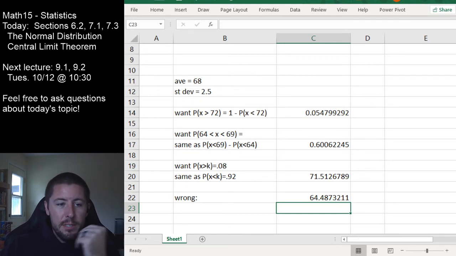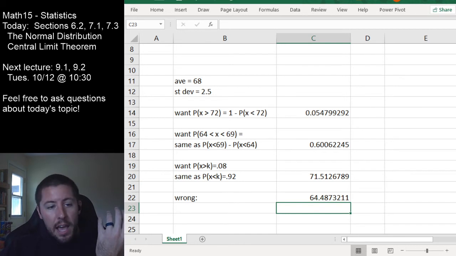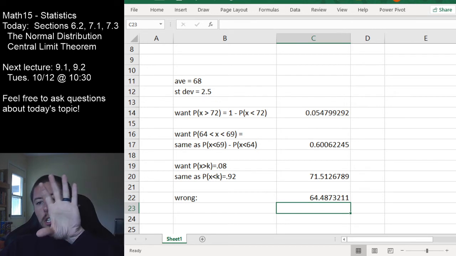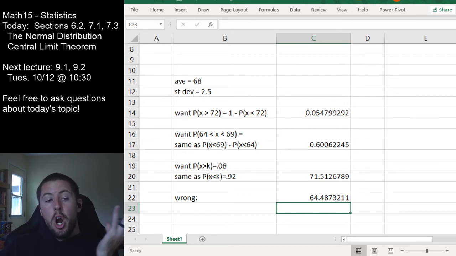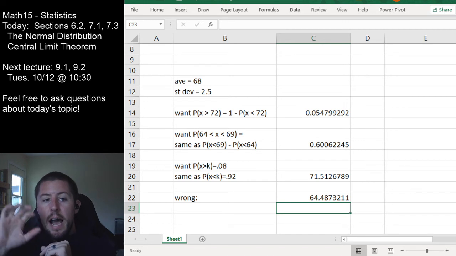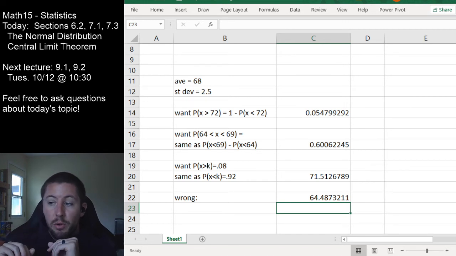Hopefully you're able to reason with yourself and say, that doesn't make any sense. Definitely more than 8% of adult males are taller than 5'4", so that can't quite be right. It looks like that is representing our boundary for our lower 8%, not our upper 8%. I think it would be reasonable to say 8% of adult males are shorter than 64.5 inches, right?